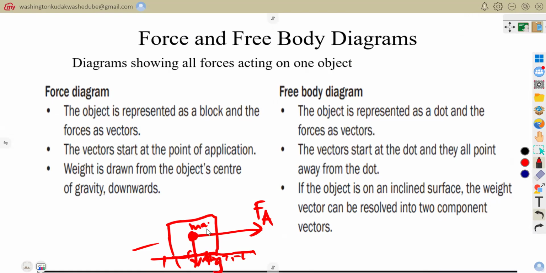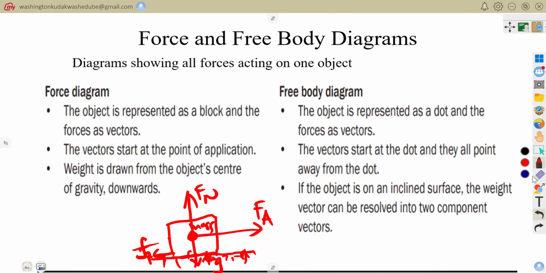Because the object is not sinking or falling, I will always have a normal force due to the surface, directed from the center away from the surface. And due to the roughness of this surface, the object would have an opposing force of motion, which we term the frictional force.